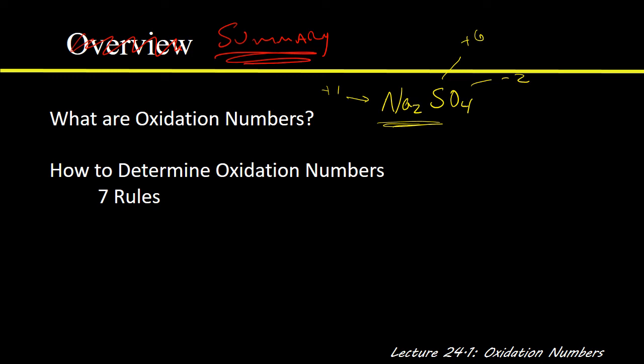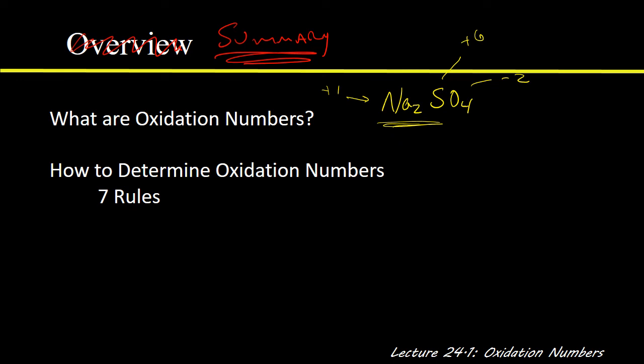Our summary slide. So in this video, we talked about oxidation numbers. We talked about what they were used for. And again, there are 2 ways you can think about them. One is they're kind of a bookkeeping device for keeping track of electrons in redox equations. And 2, they're a way of assigning charges as if all of the bonding were ionic.